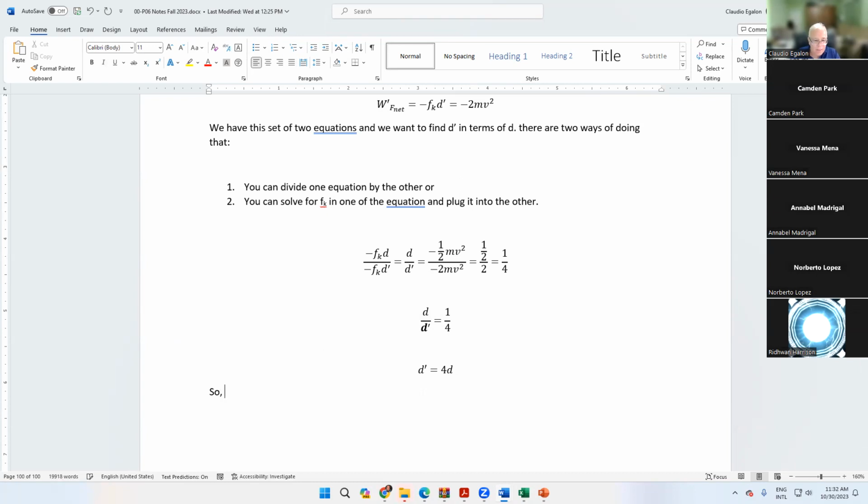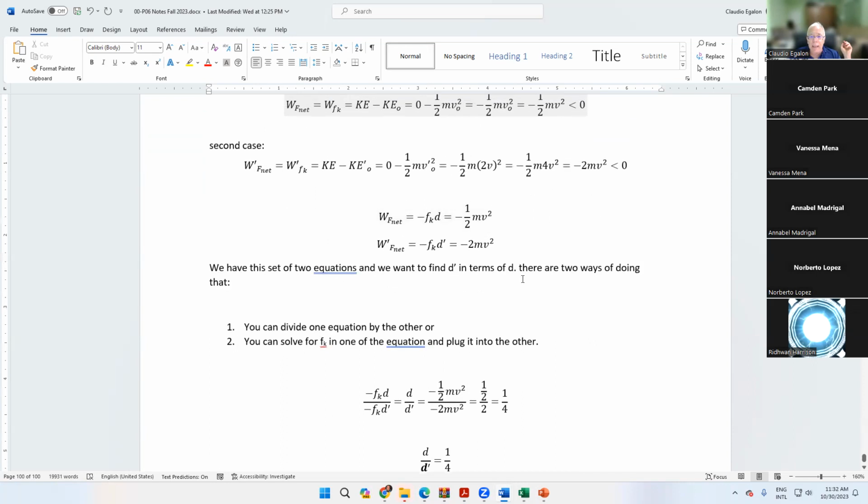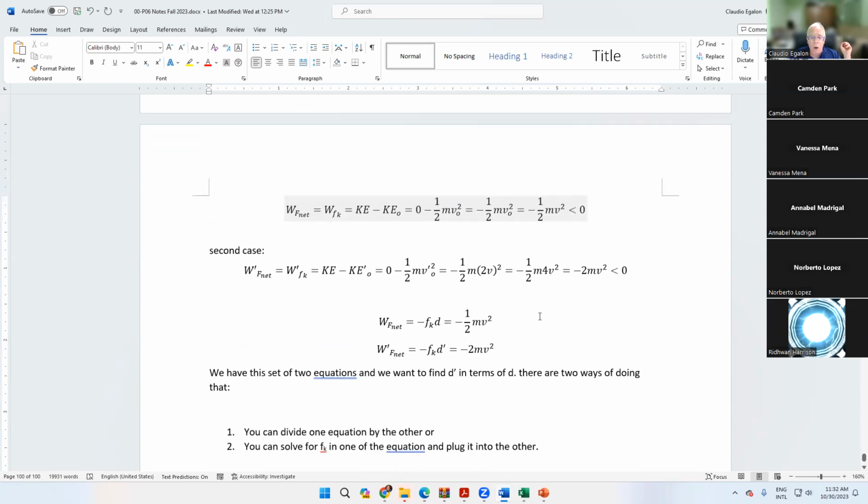So if you double your speed on the freeway, you quadruple your stopping distance. Just because of that square term that we saw right in here.